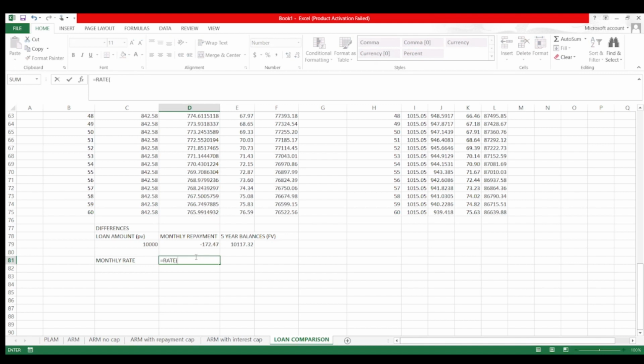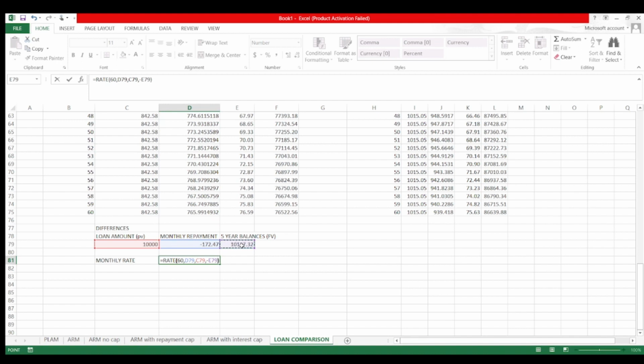Now to get that, you can calculate the monthly rate using this formula. Is equals to rate. So we need to take the number of periods. Since it's over 5 years, that's 60 months. Then our payments, 172.47. Our present value is 10,000, and the future value, since we can't put it as a positive, we'll add a negative and that amount.